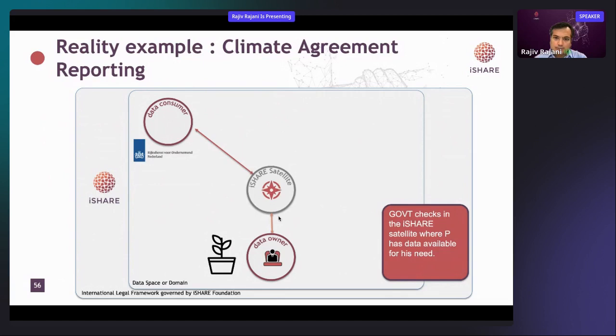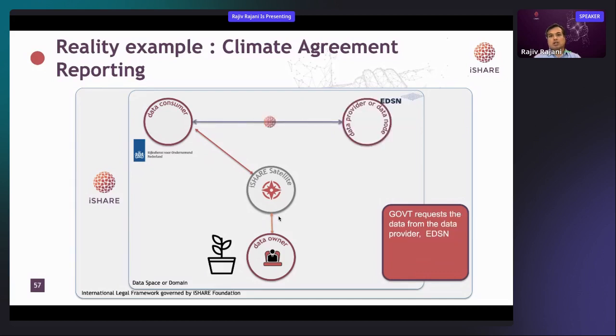Now, the government checks with the satellite about this data owner to see where this data owner hosts the services, or where it can find this particular data set from this data owner. It sees that, okay, this particular meter information or consumption information is stored with a certain organization called EDSN.